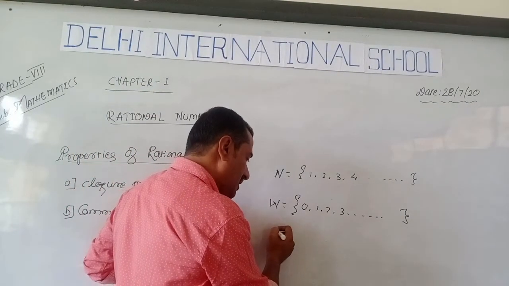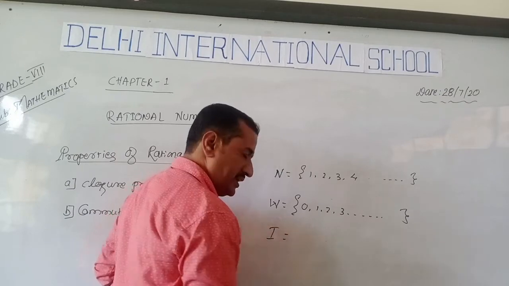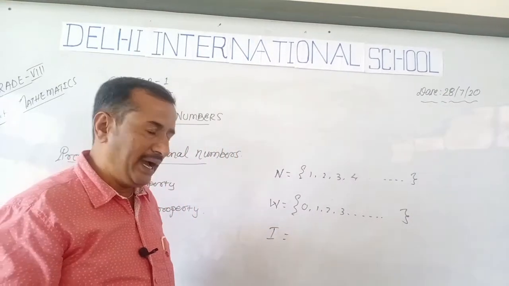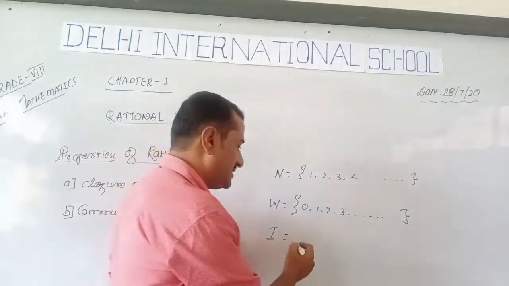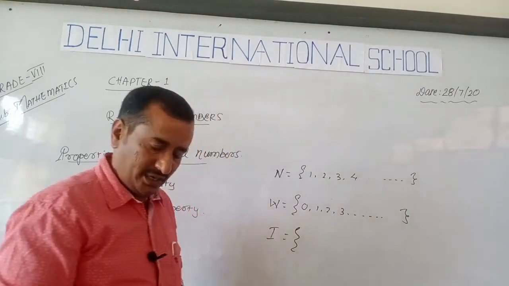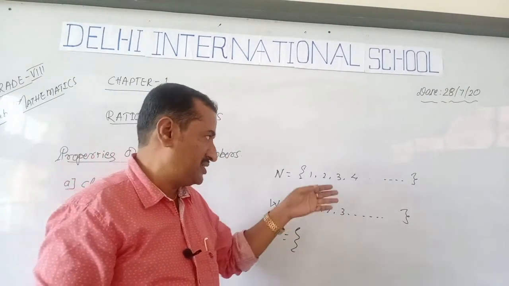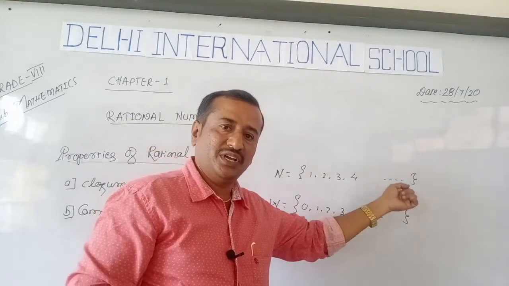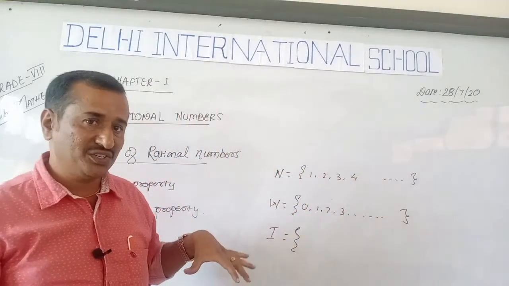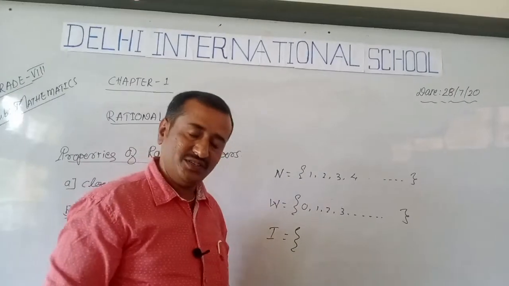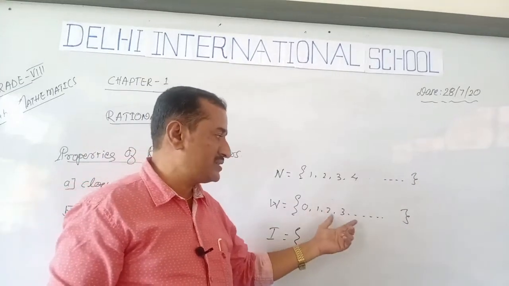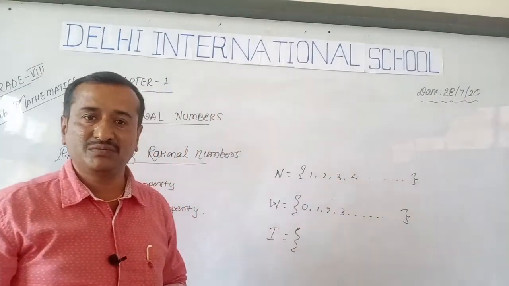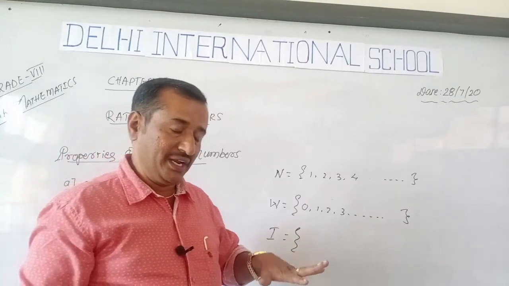Next, we come to integers. Integers are denoted by I. How can we represent integers? Integers are those numbers which have positive natural numbers, negative natural numbers along with 0. That is, whole numbers along with the negative numbers, since we don't have negative natural numbers.